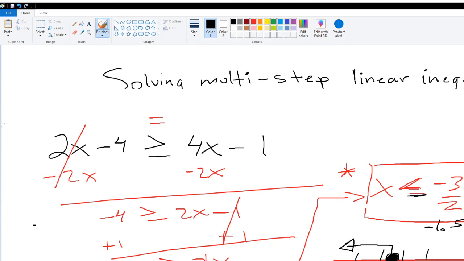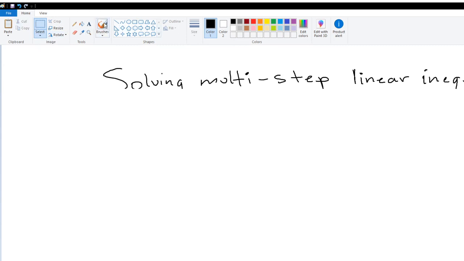A few words to consider when looking at story problems, and this is very critical. There's a few words that will tell you what inequality to utilize. The first one is greater than. You guys know what that looks like.